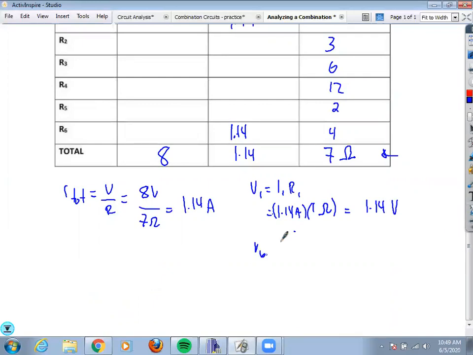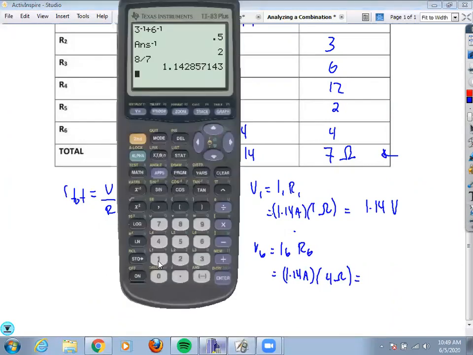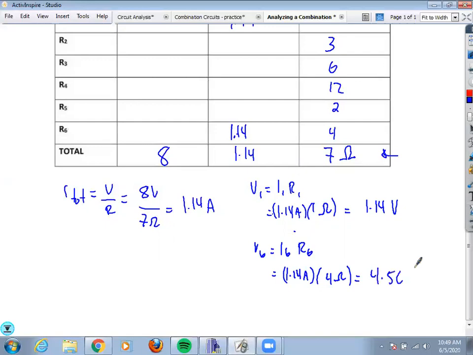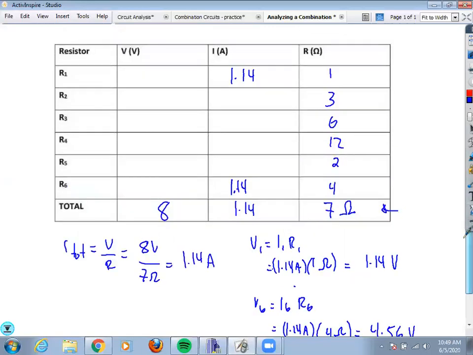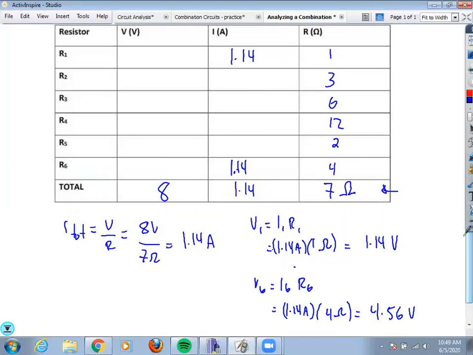V6 is equal to I6 times R6, which equals 1.14 amps times 4 ohms. So 1.14 times 4 is 4.56 volts. So V1 is 1.14 volts, V6 is 4.56 volts. Okay. Cool.